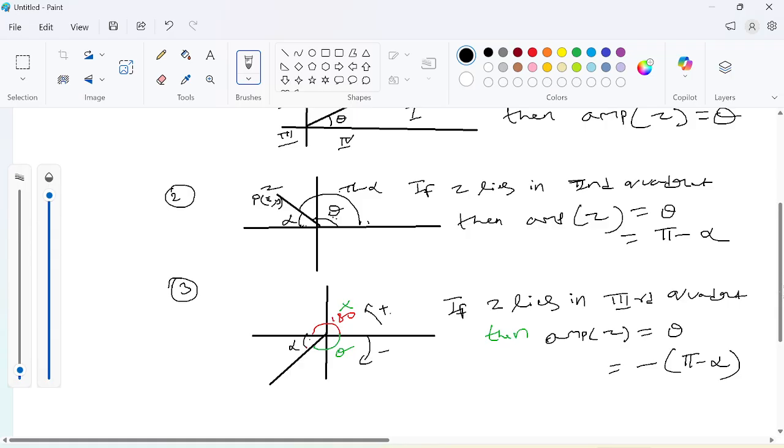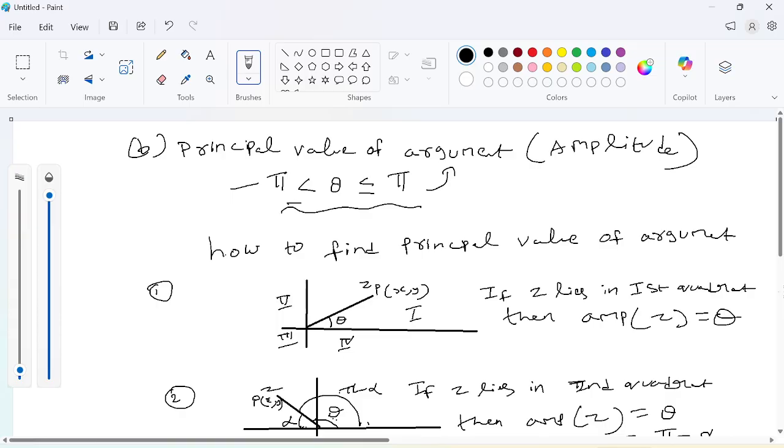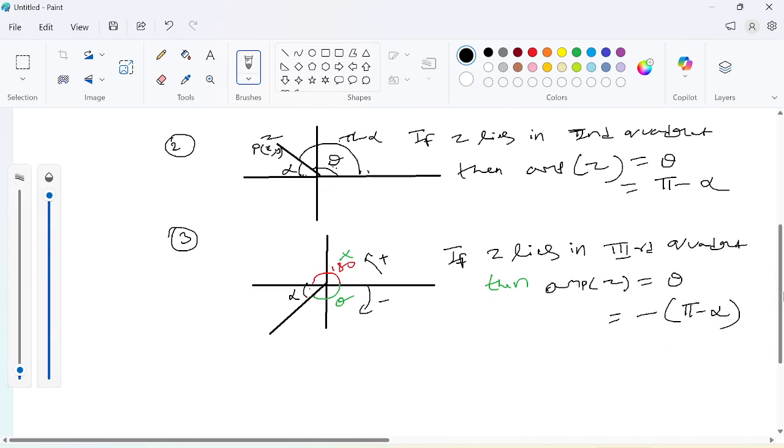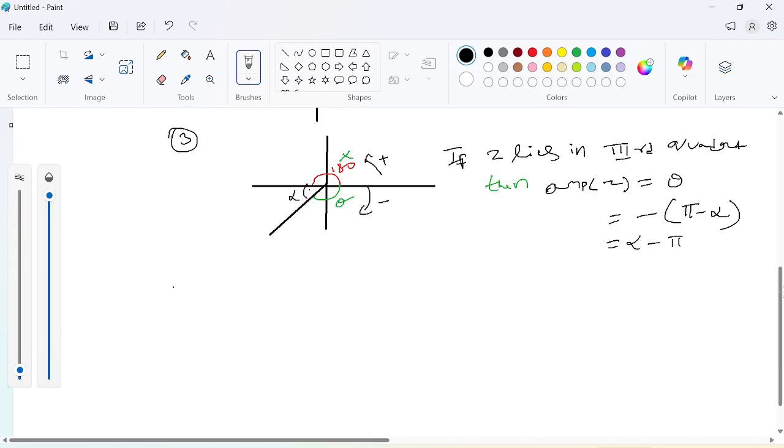Now I cannot go in the anti-clockwise direction for the third quadrant, because if I go in this direction, it will be 180 plus. But my principal argument always lies in this range: minus pi less than theta less than or equal to pi. So it will be alpha minus pi. Now the fourth one we will see.